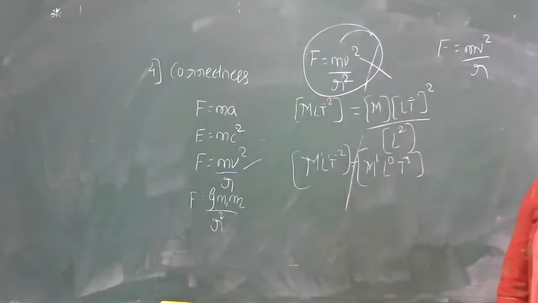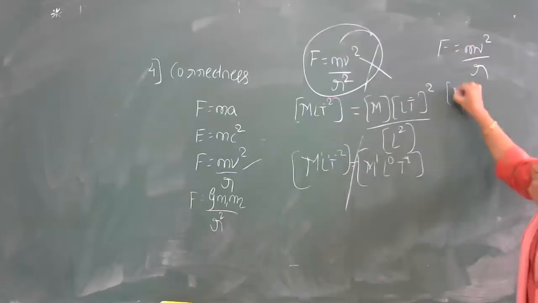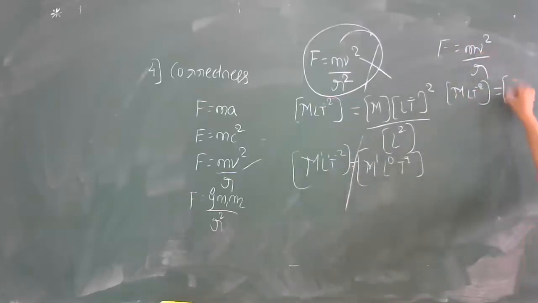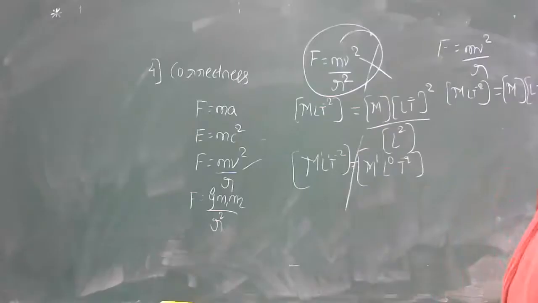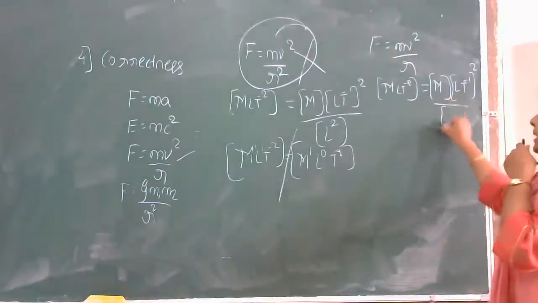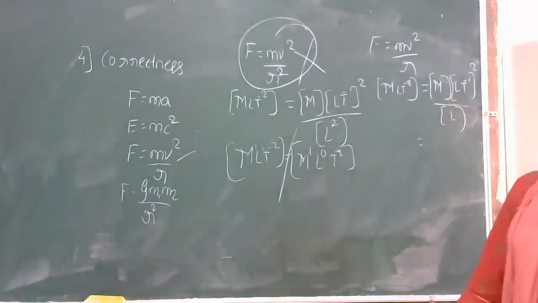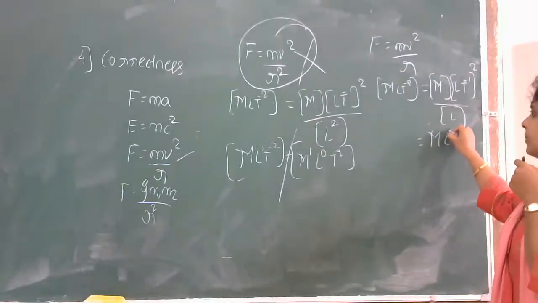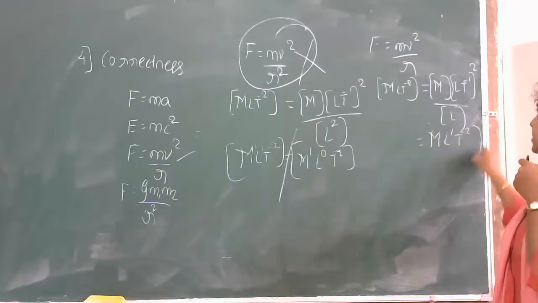Actual formula is this. Now you can apply the dimension analysis method. So force is MLT raised to minus 2. Then mass is M. Velocity is LT raised to minus 1, to the power 2. Then the denominator is L. So if you simplify, you will get this as M, L raised to 1, T raised to minus 2.